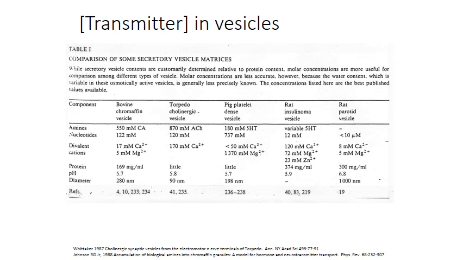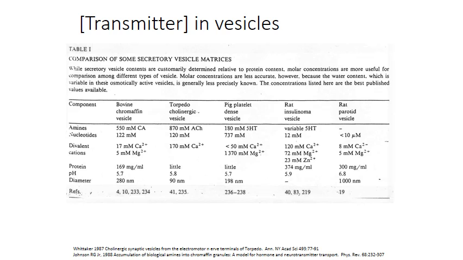So do biochemists measure the same kinds of concentrations inside synaptic vesicles that we saw in the Bruns and Jahn experiment that we read on Friday? The answer is absolutely.